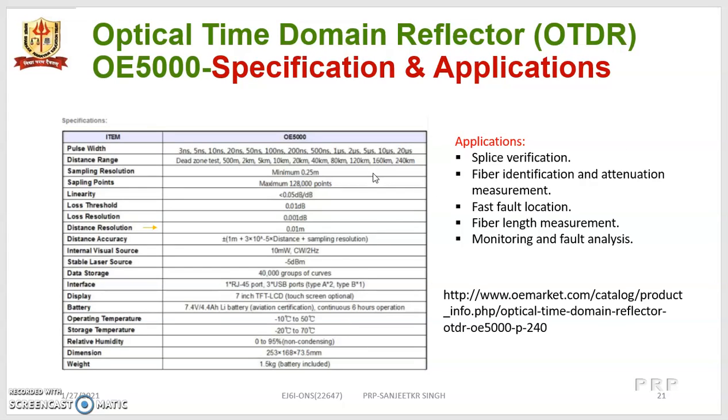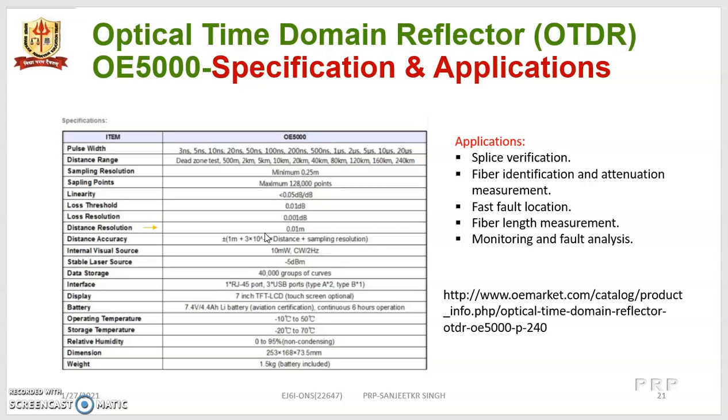Now what are the specifications? We see a number of application specifications here for OTDR OE 5000: pulse width, distance range, sampling resolution, linearity, loss resolution, distance resolution, distance accuracy. Okay, so there are a number of specifications we can see here.